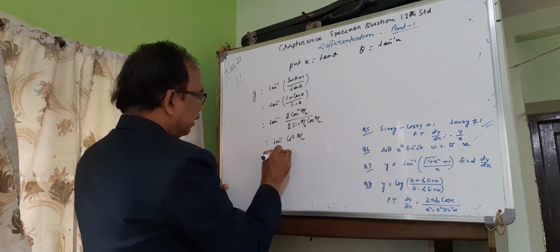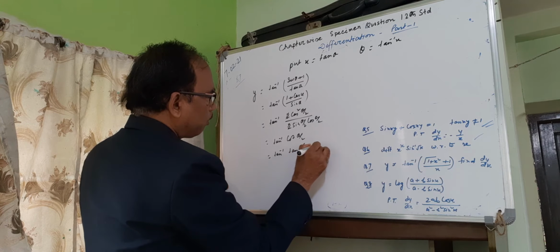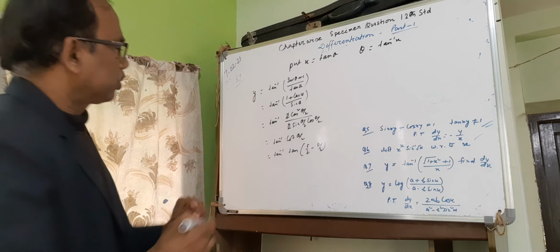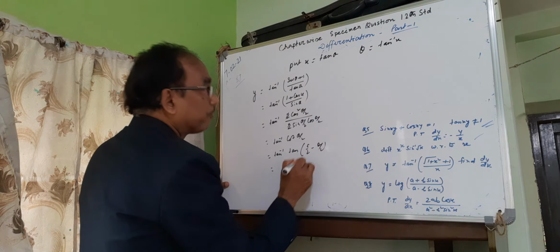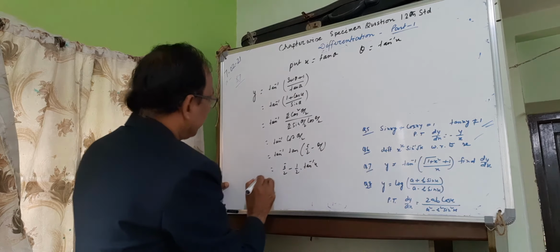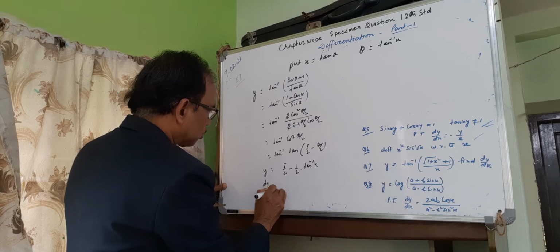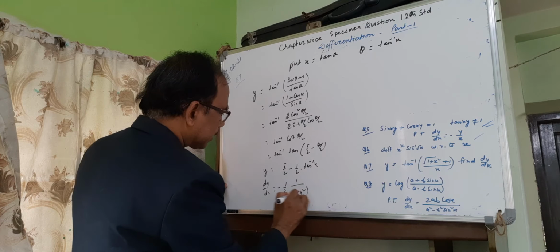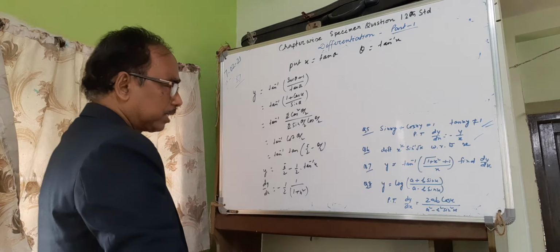So y equals theta by 2, which is half tan inverse x. Then differentiating, dy/dx equals half times 1 by 1 plus x square. That is the differentiation of the given expression.